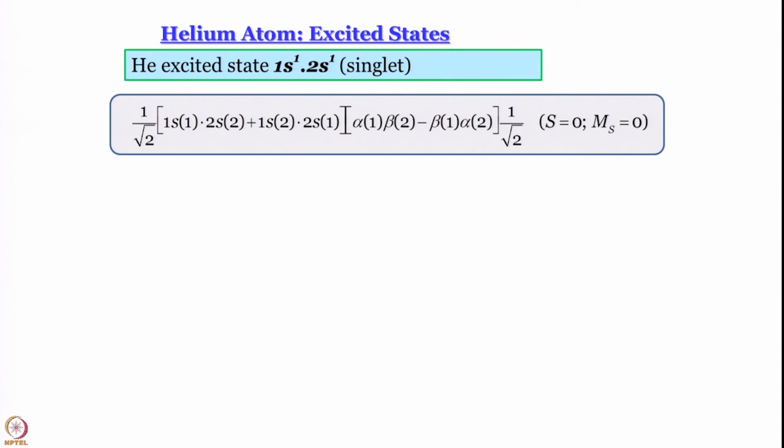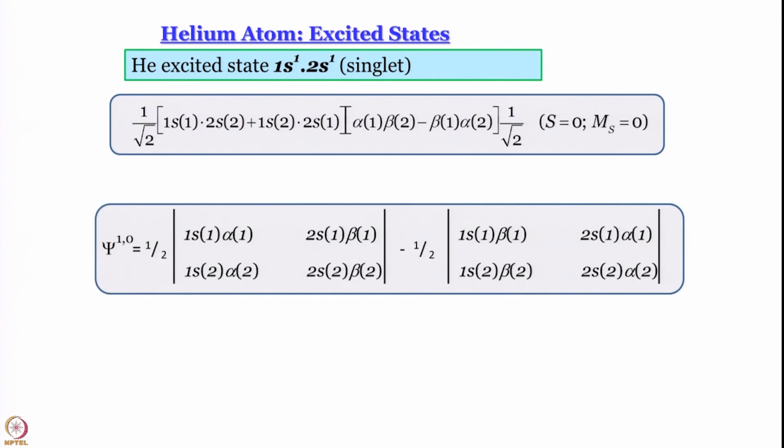What is the difference? The difference is, instead of plus here, there we had a minus, instead of minus here we had a plus, that is all. So, this will also be a linear combination of two determinants. This is what it is going to be. Please work out yourself. These things you can understand only when you practice by yourself.